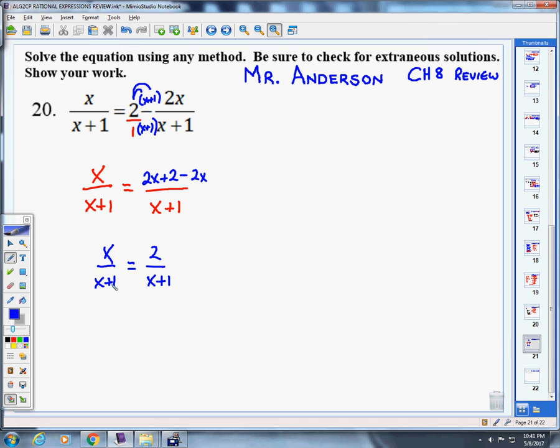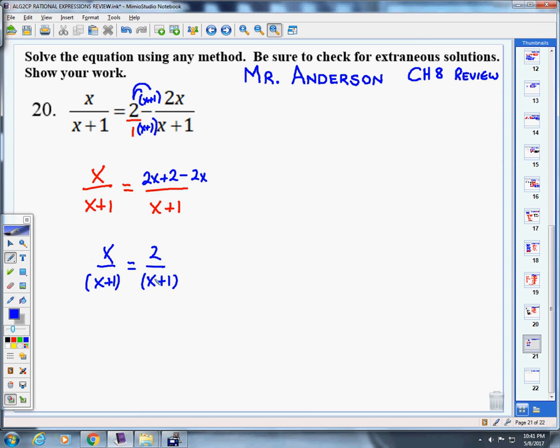All right, now this is interesting because I have x plus 1 on this side, x plus 1 on this side. And I guess I'm going to change it up just a little bit because I really don't want to cross multiply since I have the same denominators. The numerators also must be equal. And to show that, I'm going to move this x plus 1 over to the other side. I'm multiplying by x plus 1 on each side. So rather than cross multiplying, I'm really just going to move this over.